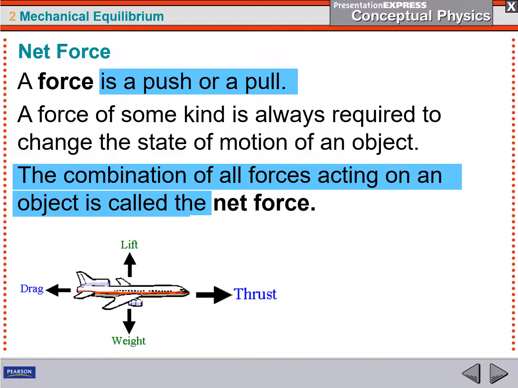The combination of all forces acting on an object is called the net force. For example, in the drawing below, you see an airplane with 4 forces represented by arrows and words.